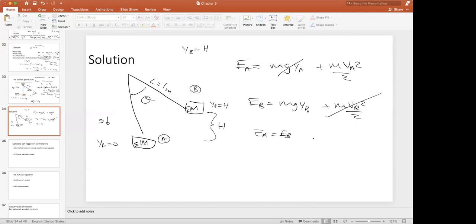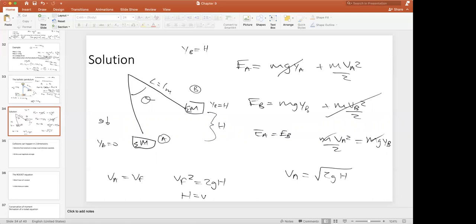We can get rid of that, and we can get rid of that. And we get that mvA squared over 2 is equal to mgyB. Noticing that the masses cancel, we get that vA is the square root of 2gh. Or, since we actually know vA is V final, V final squared is 2gh, or h is V final squared over 2g.